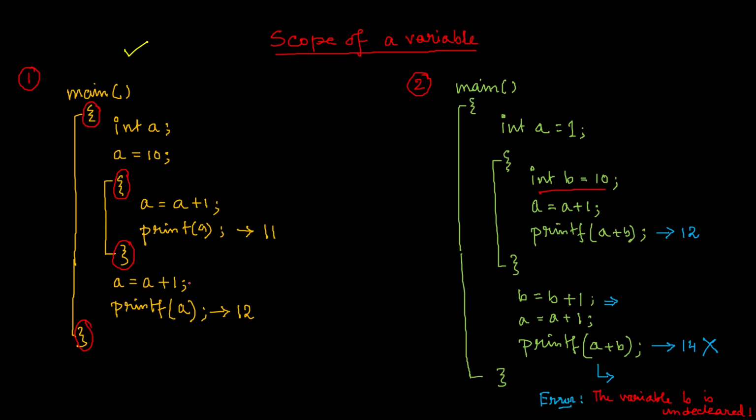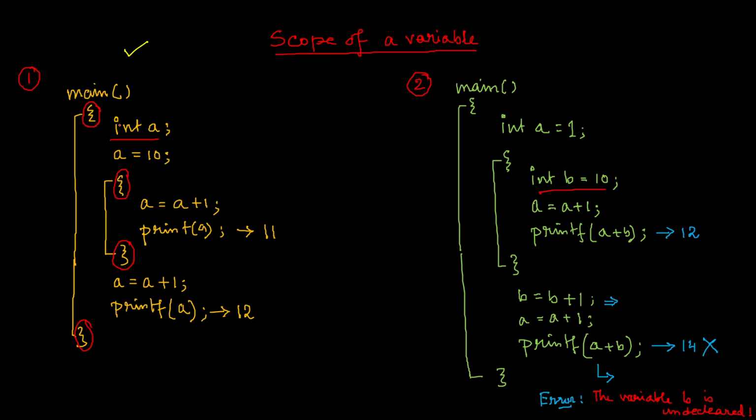Now, the point is where this variable exists. As we have seen in this program, this variable was declared after the first opening bracket of the main function and before the closing bracket of the main function.